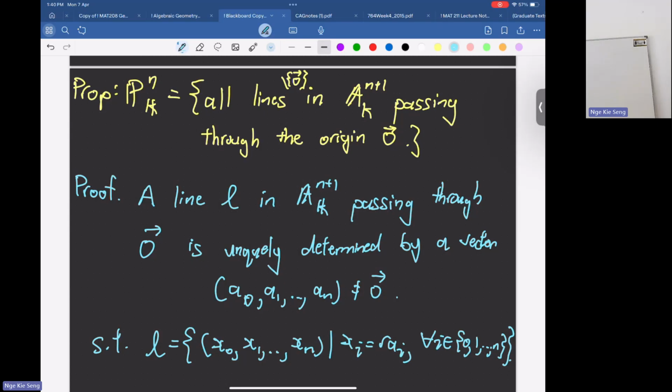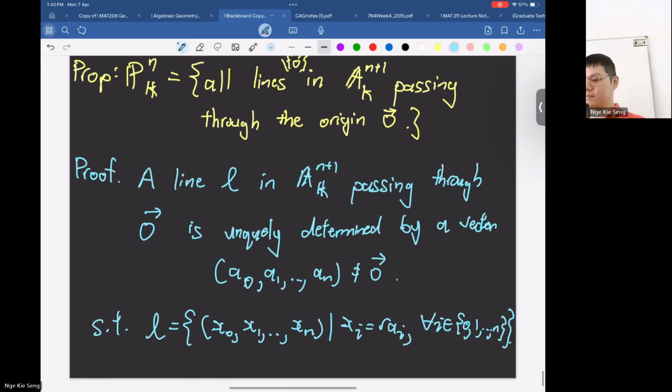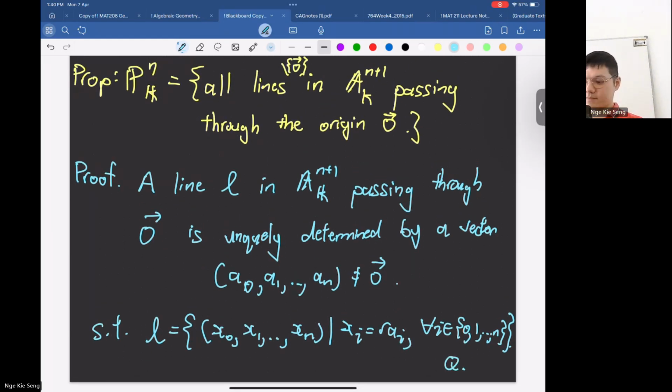If you have two free variables, it gives you a plane. So your non-trivial solution to a linear system always looks like this. And if you look at this, this is exactly the equivalence relation we impose in our projective space.